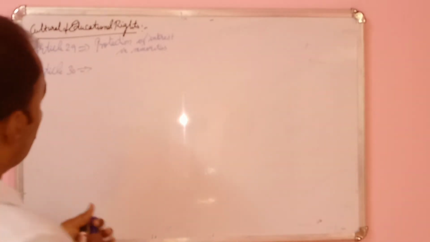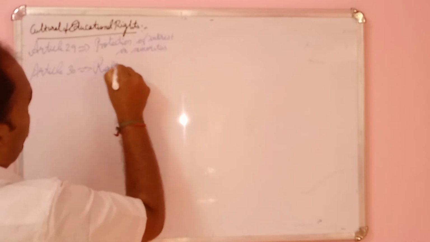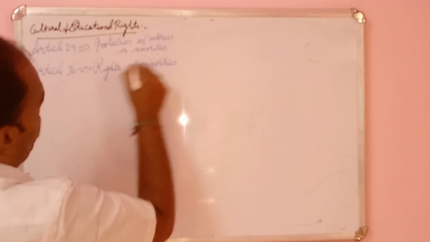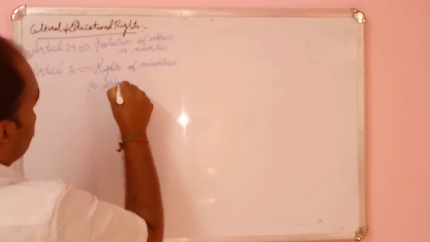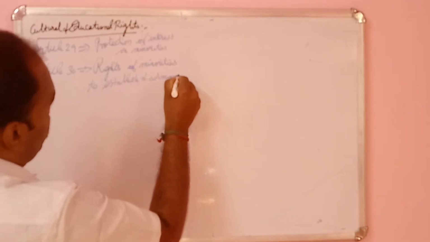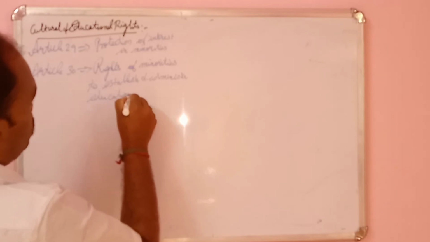Article 30 is rights of minorities to establish and administer educational institutions.